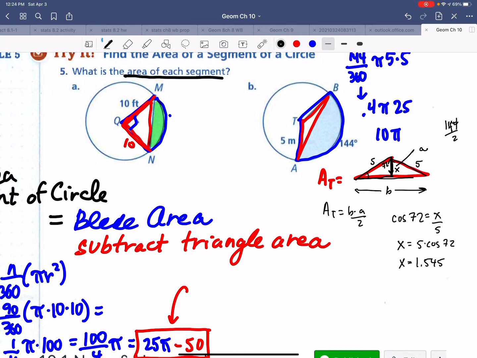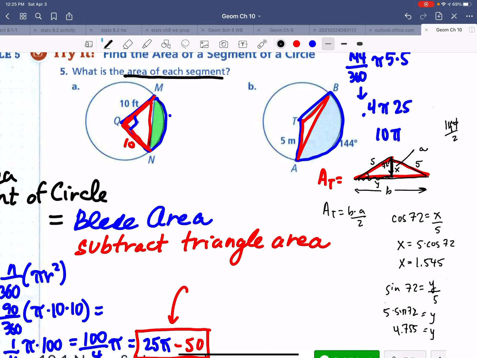Okay. Now I need this base. So I can figure out half of that. I can figure out this part. That would be the sine of 72 is, I'll call that y, over 5. So y is equal to 5 times the sine of 72. Let's find out what that is. So the sine of 72 times 5, we get 4.755.